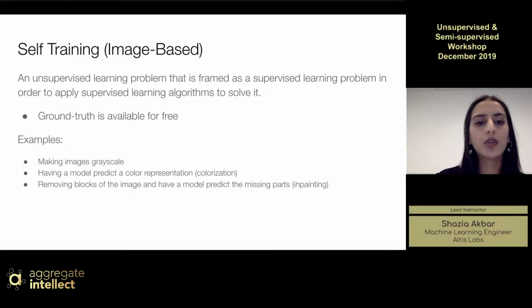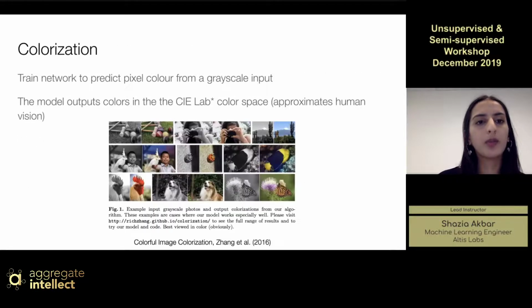I've given you some examples here, but we're going to go into a little bit more detail about some of them. Colorization is something that you've probably seen in the media quite a lot as well. It goes hand in hand with inpainting. The idea here is that even though you have colored images, you would just give the model the grayscale component of that image, and then the task is for that model to predict the colors of that grayscale image.